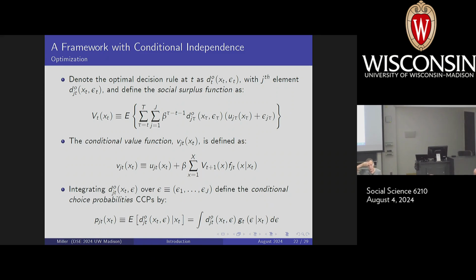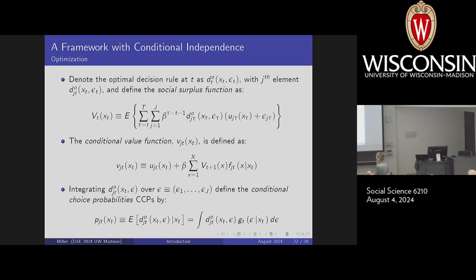In this world, you've got to worry about the future too, because you do have a future, I hope. Then you've got tomorrow's social surplus function in there, which of course will be integrated over the x that you're going to draw when you take your action j.